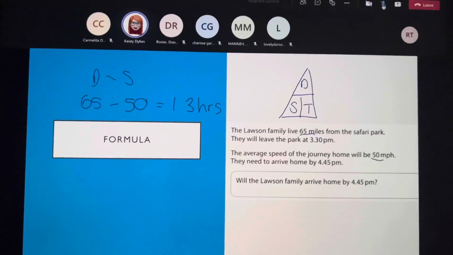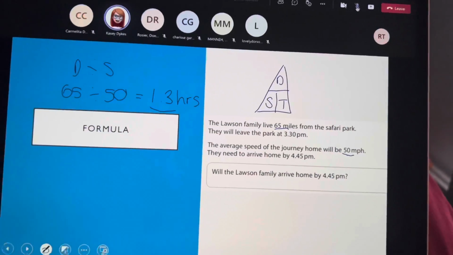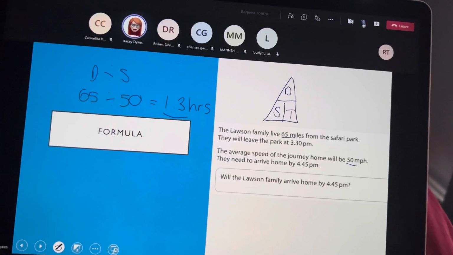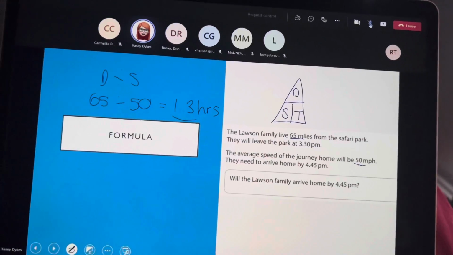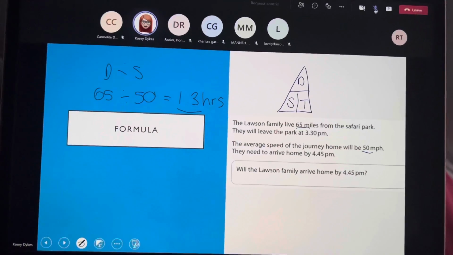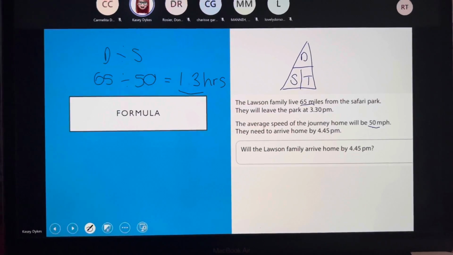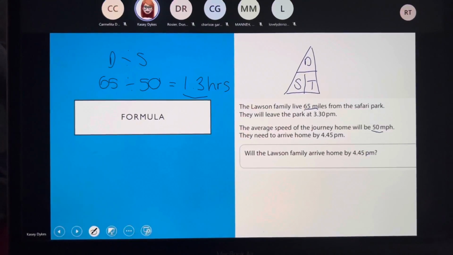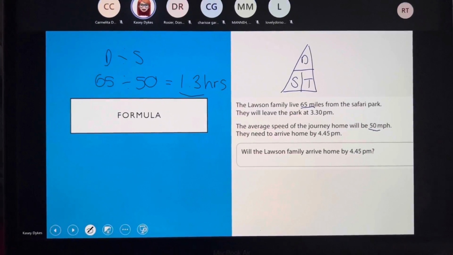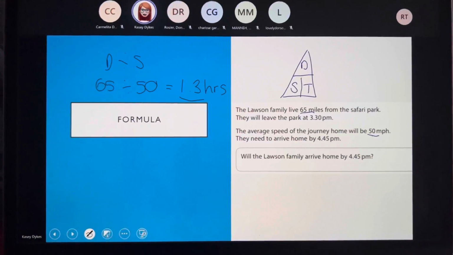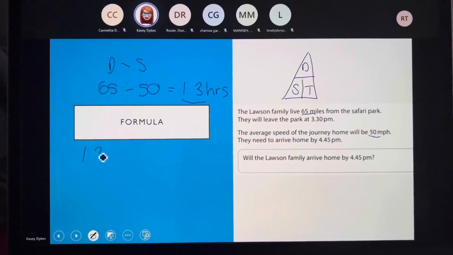We need to add this on to our 3:30. However, we can't do it directly because 0.3 hours is not the same as 30 minutes because our decimals are working to tens and our time is working to 60s. So 60 minutes in an hour. So what we need to do then is times our 1.3 by how many minutes are in an hour.